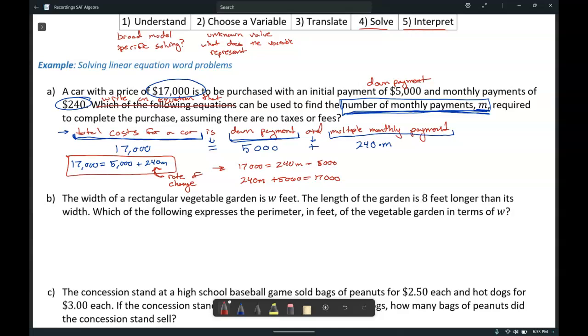Those are some very basic changes. We may also have the equation solved for M, and we'll talk more about that when we cover literal equations. But we could also rewrite it in a form where we have 17,000 minus 5,000, divided by 240, equals M.